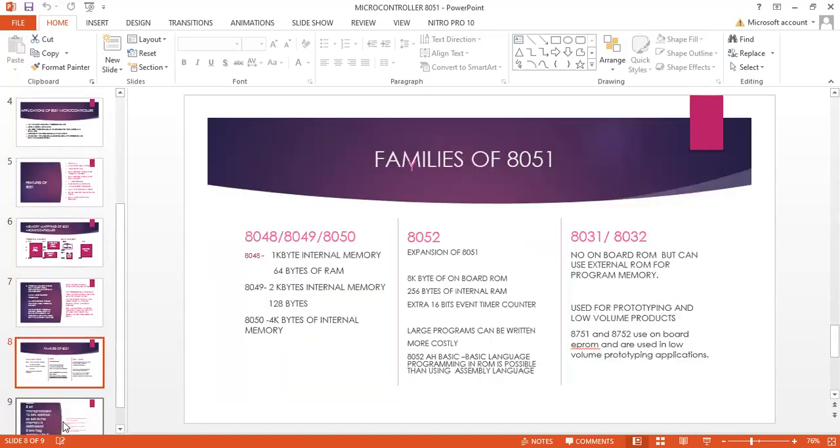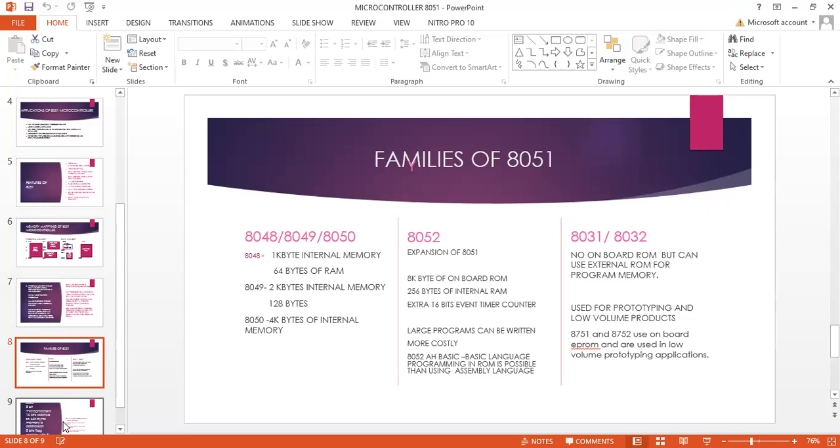Then the question can be asked to compare the different families, right? Especially 8051 and 52. If they ask the difference, then basically there are three main points. One is your ROM area, RAM area, and the timer counter, dual timer counter. So these will be expanded in 8052.